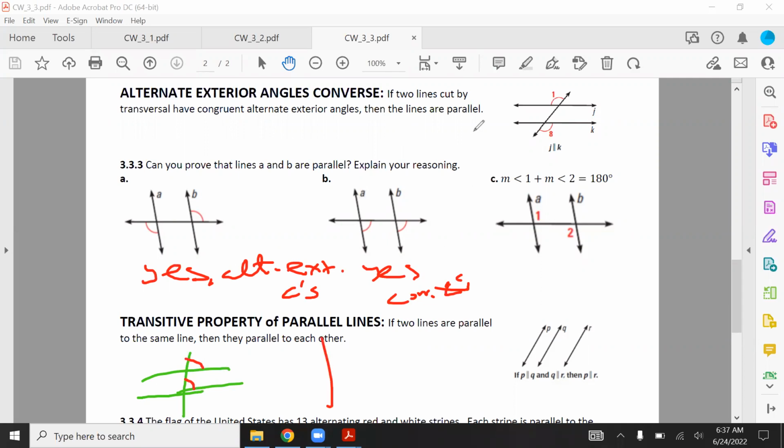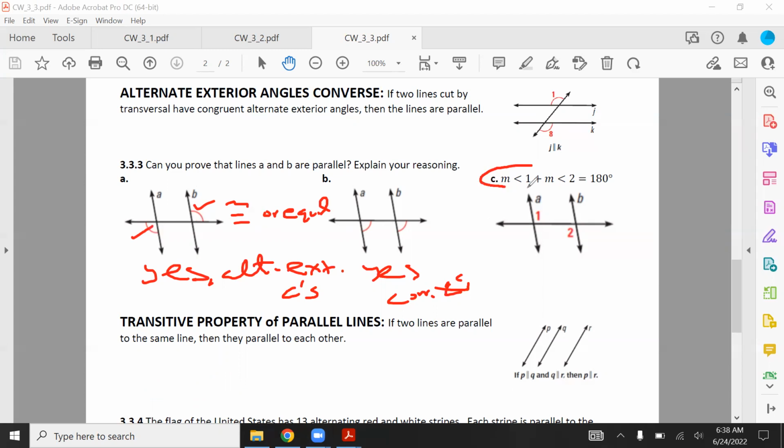If I have something like this here, that means it would not be the same. Those are two different angles. So when you see the same markings, like one arc for each of these, that means they're congruent or equal. So A and B are corresponding angles. Those are equal. For part A here, sorry, A and B are the lines. But these angles here are alternate exterior, those are the same.